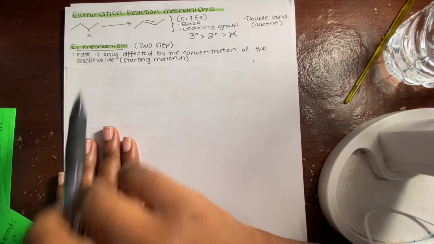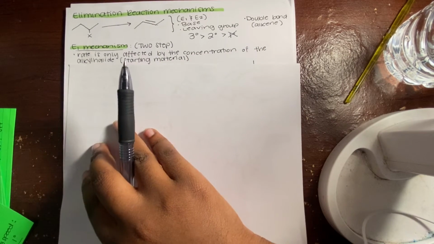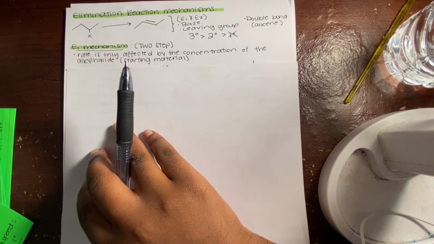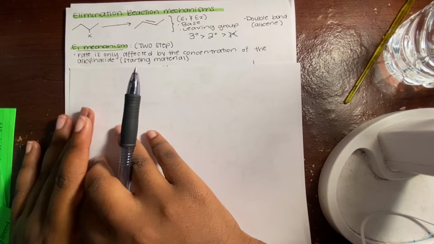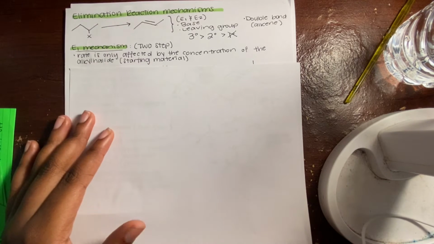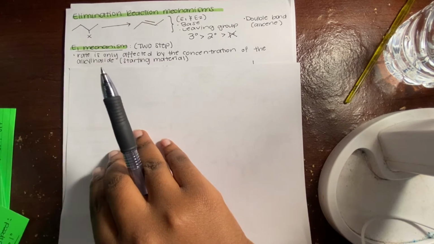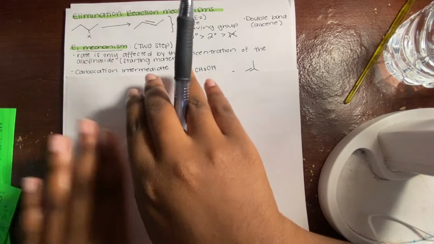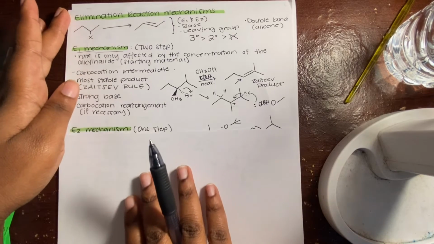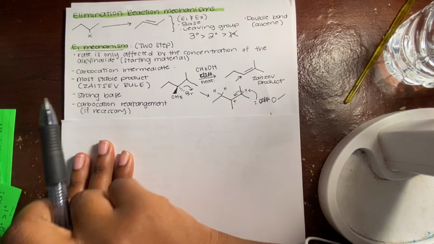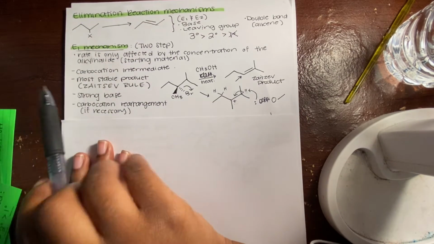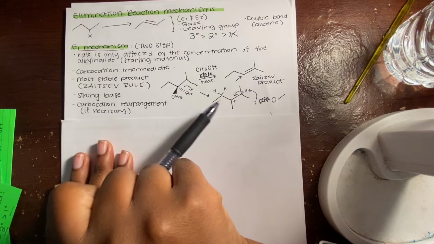So first, looking at our E1 mechanism, it's kind of similar to the SN1 in that it's a 2-step. The rate is only affected by the concentration of the alkyl halide, the starting material. Okay, and like SN1, we have a carbocation intermediate. As you can see, we'll get to that.